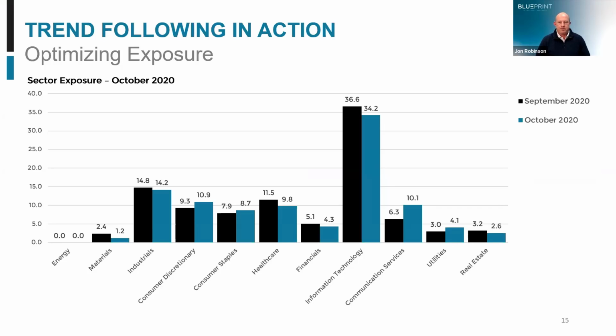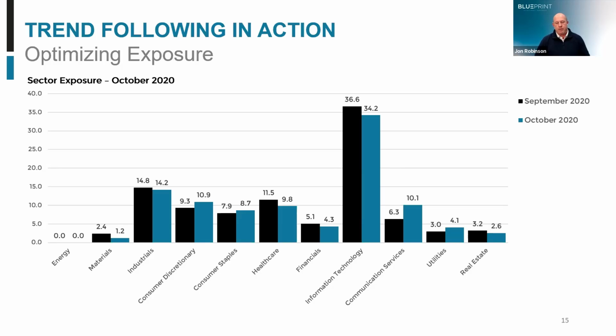So for example, the darker colored bars here are the September 2020 allocation, and the turquoise bar is the October 2020 allocation. So the delta is what we bought or sold amongst the stocks comprised in each of these sectors month over month.